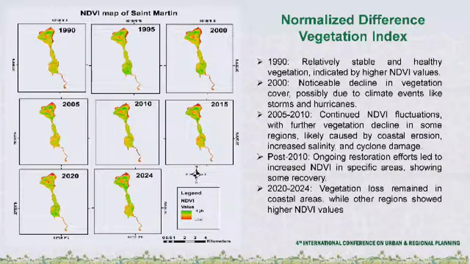It shows healthy vegetation, then a noticeable decline in 2000, and from 2010 NDVI increased because of some recovery. From 2020 to 2024, vegetation losses remained in coastal areas, while other regions had higher NDVI values.